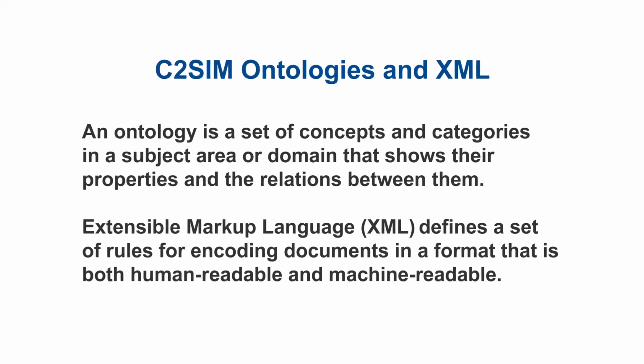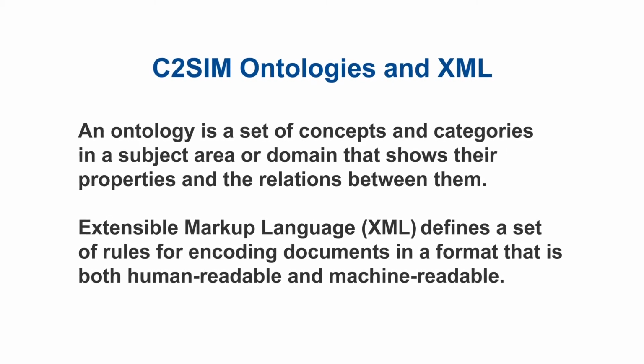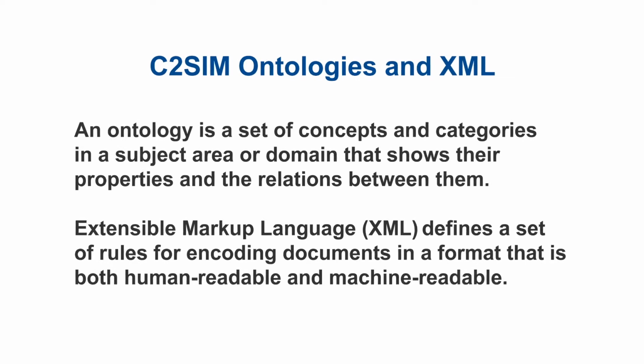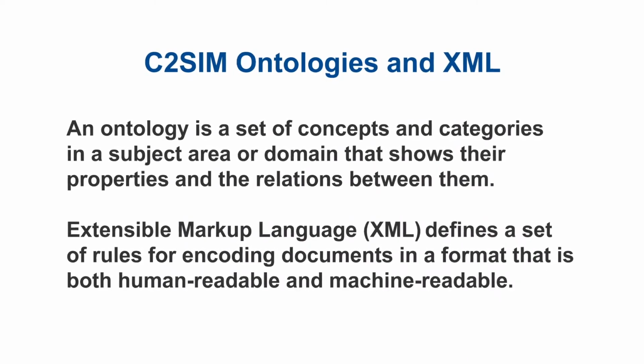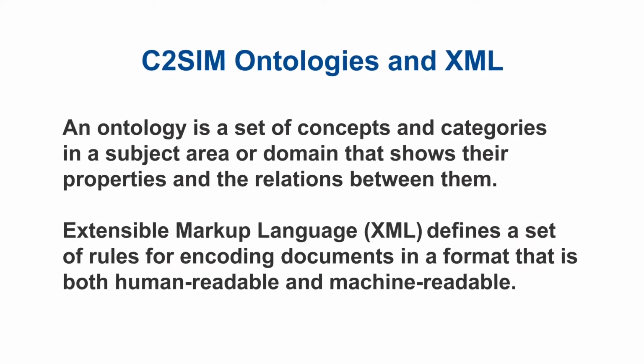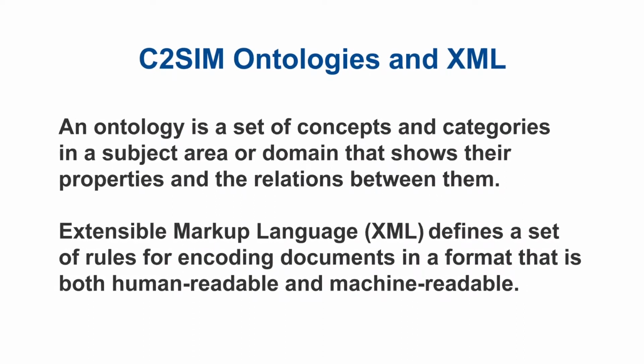The standard is now defined as an ontology and implemented using a technique for transformation from ontology to extensible markup language, invented by members of the CISO C2 Sim development group. We pulled together a set of ontologies that capture a wealth of information about the interface of C2 with simulation.